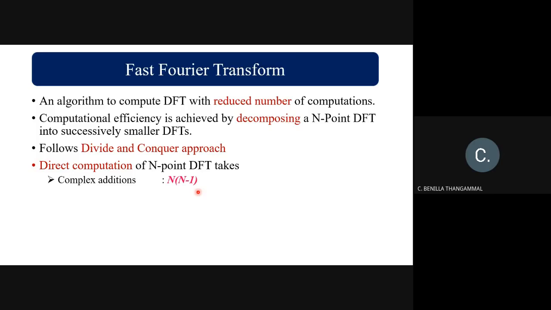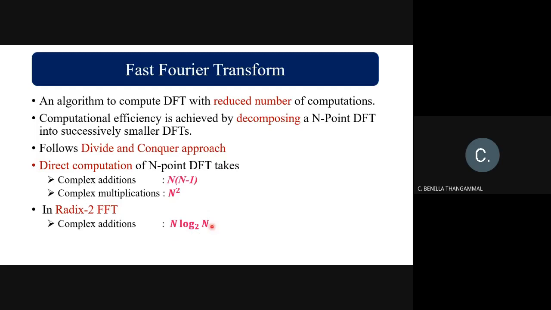In direct computation of an N-point DFT, the number of complex additions is given by N into N minus 1, and complex multiplications is given by N square. This clearly shows that the number of complex multiplications is more than the complex additions, so the time taken to compute the complex multiplications will be more than that of the complex additions. In the radix 2 FFT algorithm, the number of complex additions performed is given by N log base 2 of N, and the number of complex multiplications is given by N by 2 into log base 2 of N, which clearly shows that the complex multiplication is half of the complex addition.